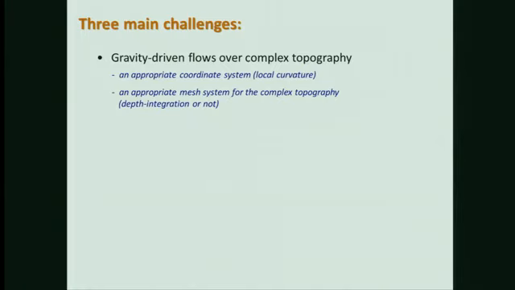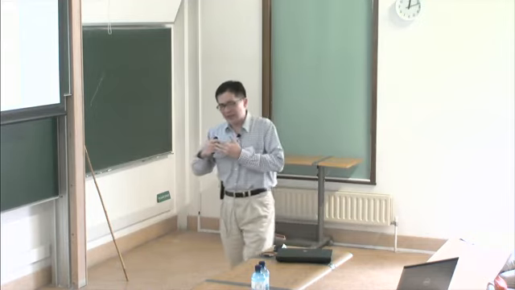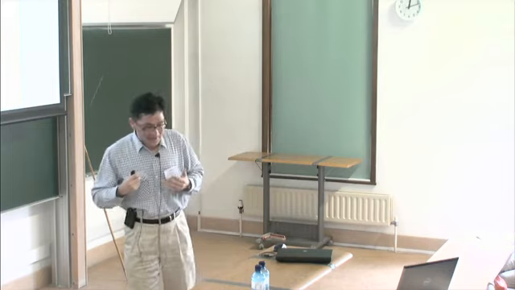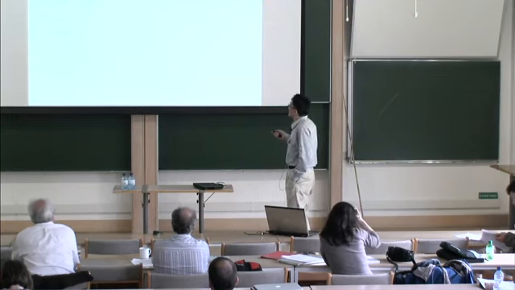And for the purpose of simulation, we also need an appropriate mesh system for the complex topography. And we have to consider if we would like to introduce the depth integration procedure or not, or do real 3-dimensional simulations.